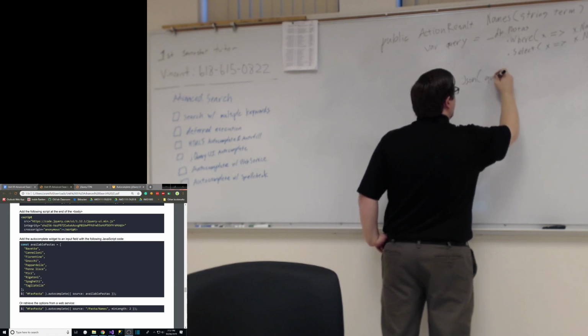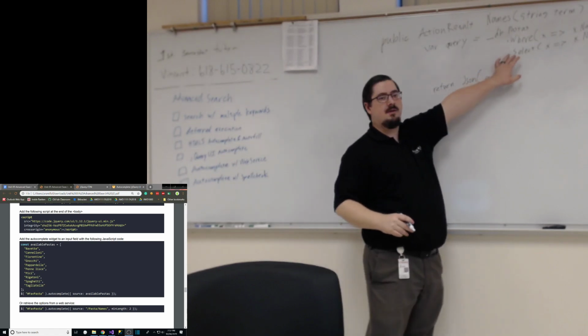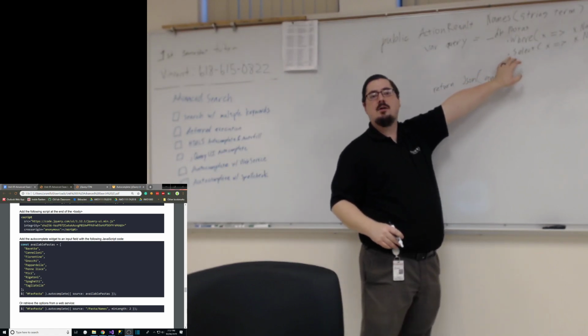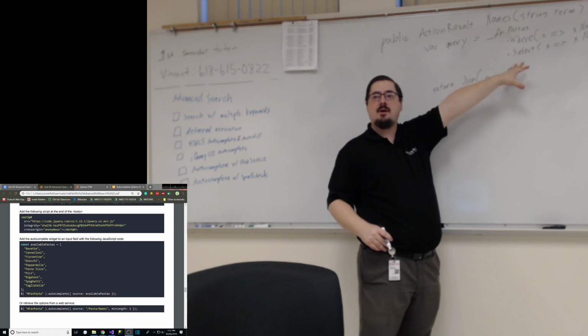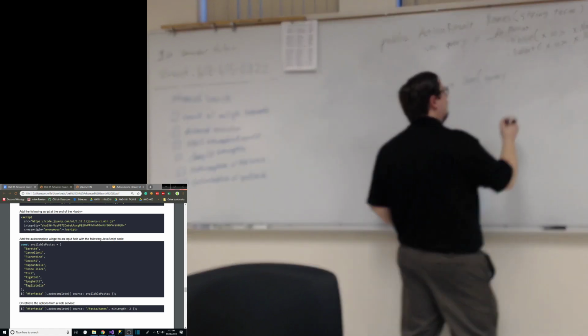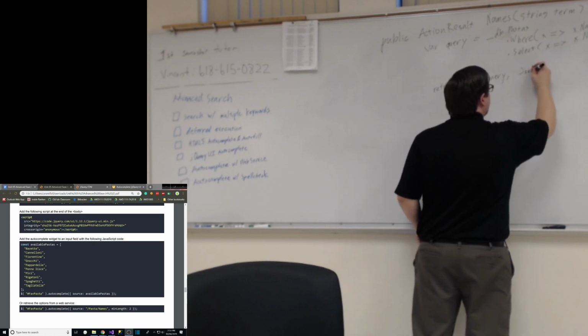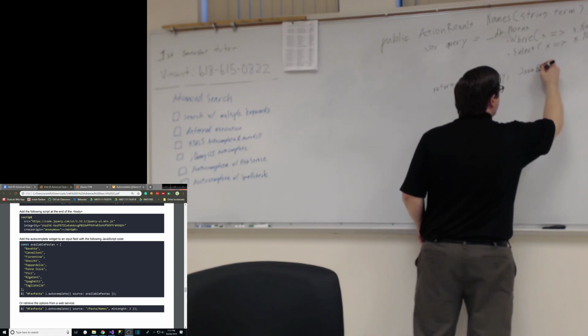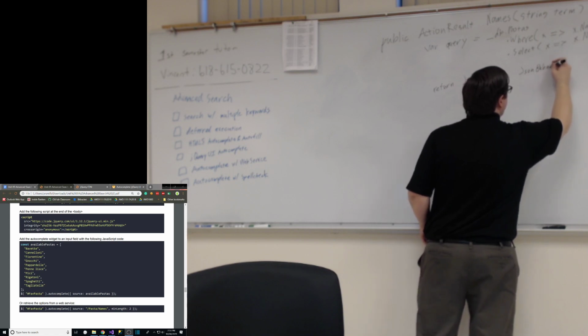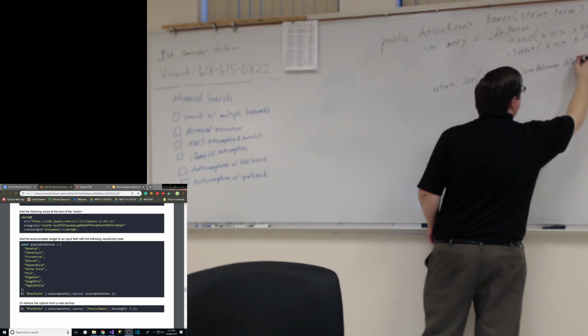If I just return the query, it's going to go ahead and turn that in. This is effectively IEnumerable or IQueryable string. This is going to return this as a JSON array of strings. The other thing I need to do in there is I need to say JsonRequestBehavior dot AllowGet.